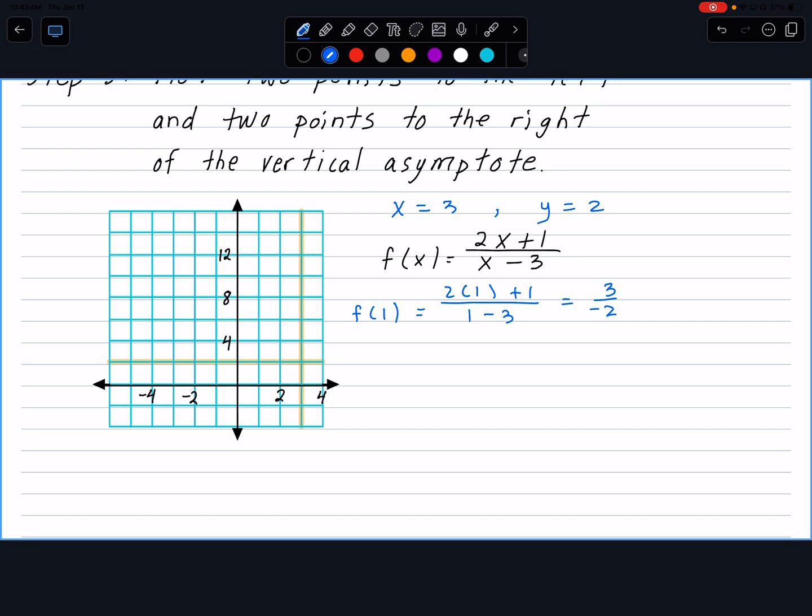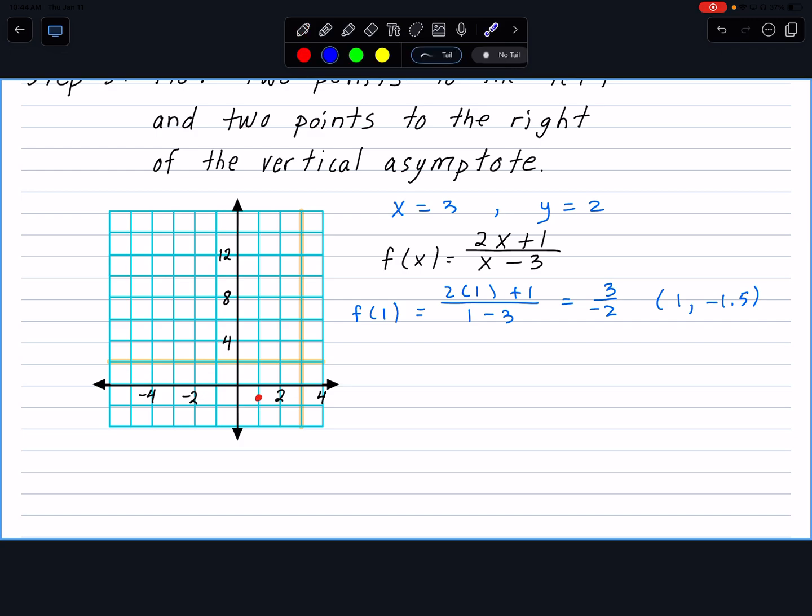Our graph is going to pass through the point 1, and I'm going to convert that to a decimal, negative 1.5. So let's plot that. This is 0, 0. I'm going to plot the point 1, negative 1.5. Sorry, I missed it. 1, negative 1.5. These are going by 2s. So it's kind of right there.